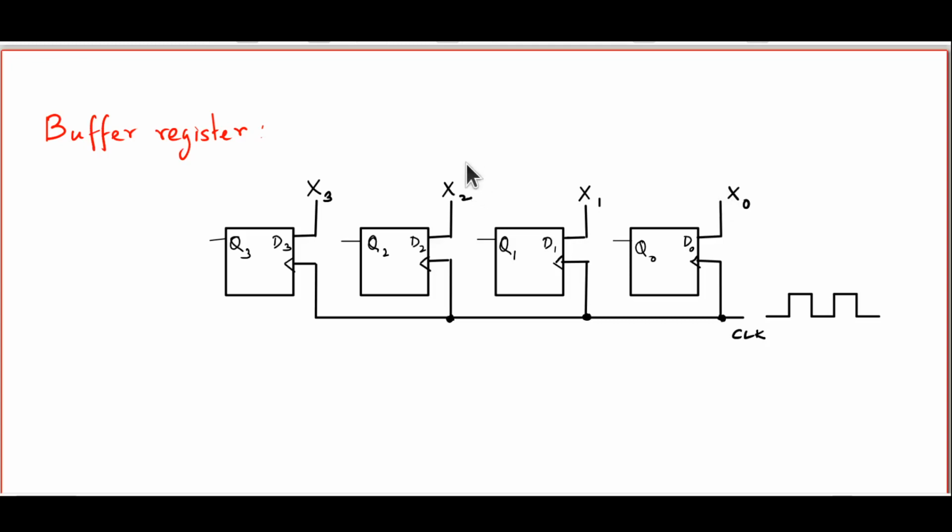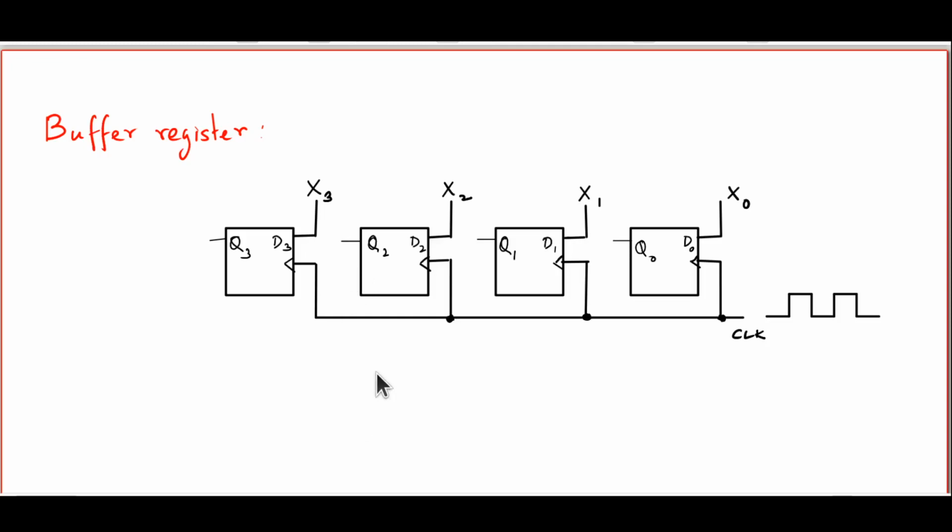That is, our nibble is the binary number x3, x2, x1, x0. x0 goes to the 0th or the rightmost D flip-flop. x1 goes to the 1st and so on.